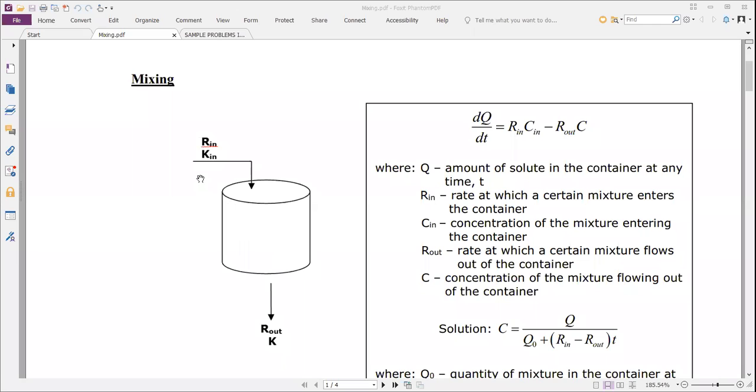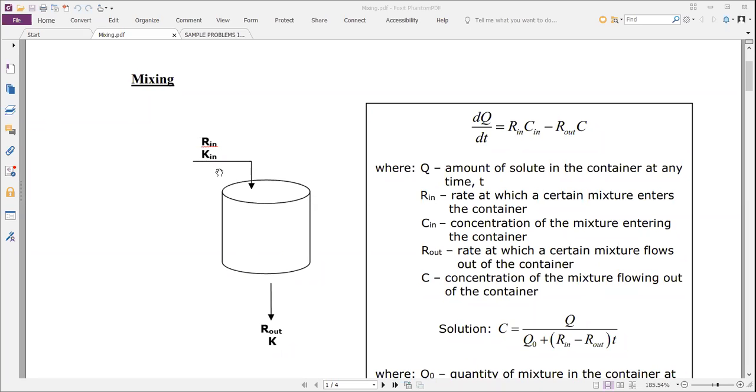And there is a solution entering with rate R sub in and out. The rate going out of the tank is R sub out. So I changed the labeling of the concentration here based on the requirement in our second sample problem, which is K for the concentration.